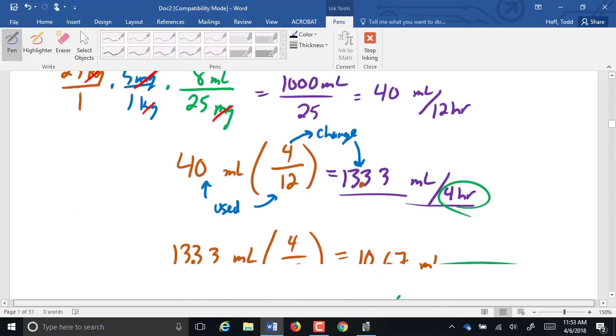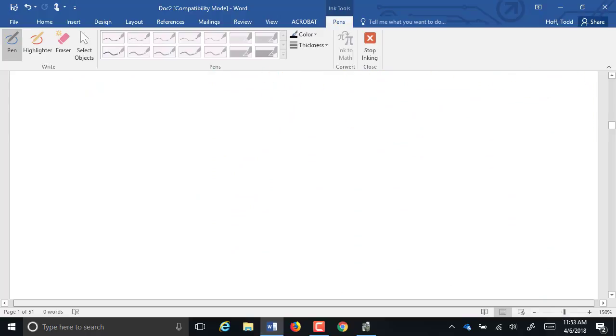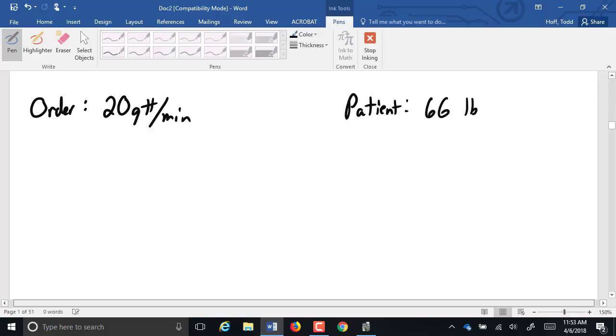Okay. Let's do another example with you. We're going to switch over to doing an IV example. See what you guys remember on our IV calculation. So we have an order here. Doctor's ordering 20 drops per minute for a patient that is 66 pounds.